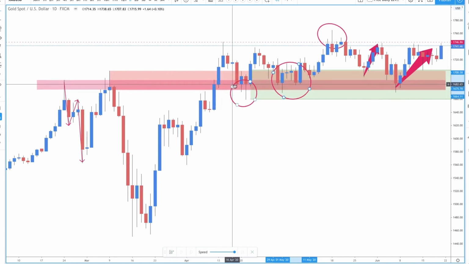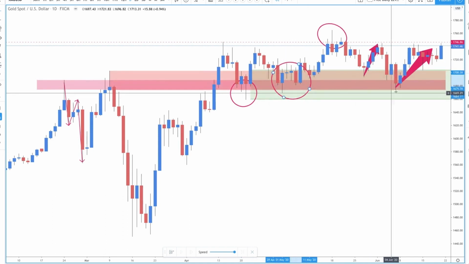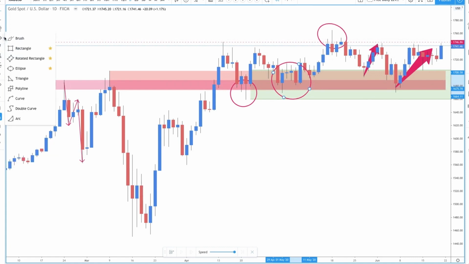You can trade both. A lot of traders tend to say one or the other is better. One isn't necessarily better than the other, because they're both the same. It's just the approach and how you look at the market, and why there's likely to be more demand here. So why is there likely to be more demand in this area?